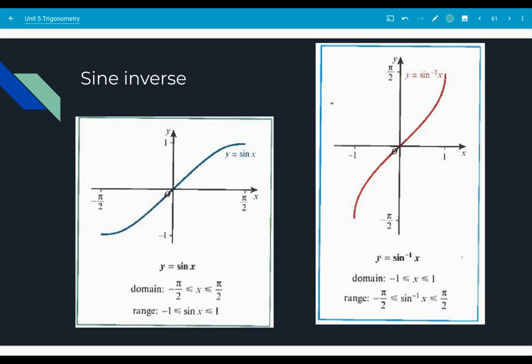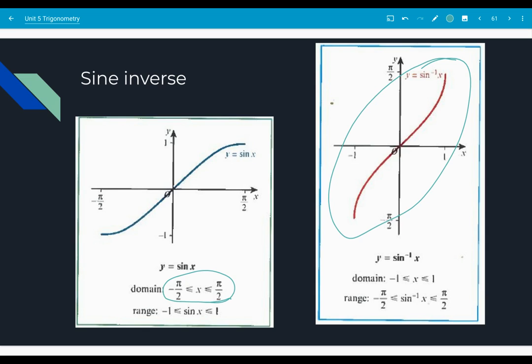They have restricted it to half a cycle, because if this were to continue, it would not pass the horizontal line test. Because we've restricted the domain, it can now pass the vertical line test. So this becomes the inverse function.